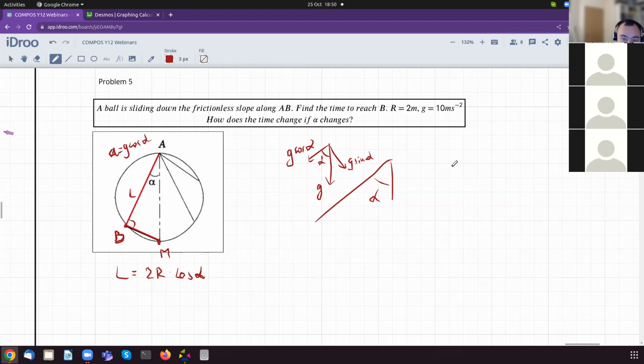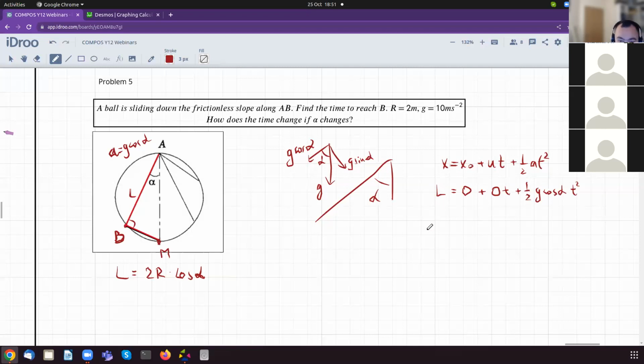And then we just write the equation. x is equal to x0 plus initial velocity times time plus a half a t squared. So the displacement is L, the initial displacement is 0, the initial velocity is 0, plus a half times acceleration, which is g cos alpha, multiplied by t squared.